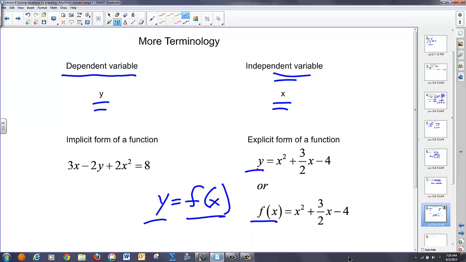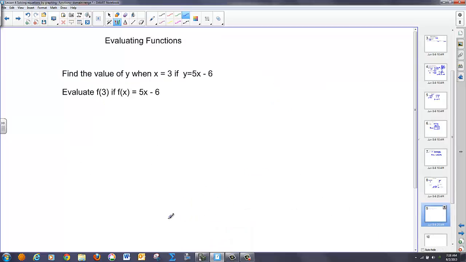All right? So if I want to evaluate some function, there are two ways that this can be written. If I want to find the value of y when x is equal to 3 and y is equal to 5x minus 6, well, that's as simple as making that substitution. So I've got 15 minus 6, which is 9. Not a problem.